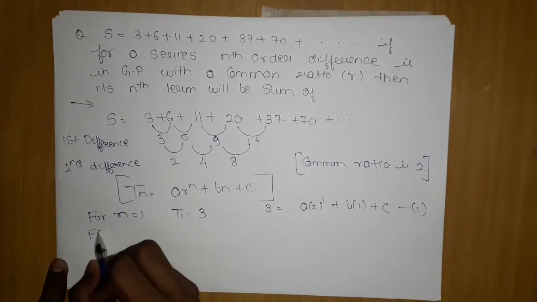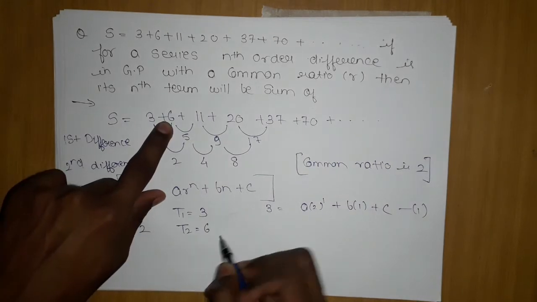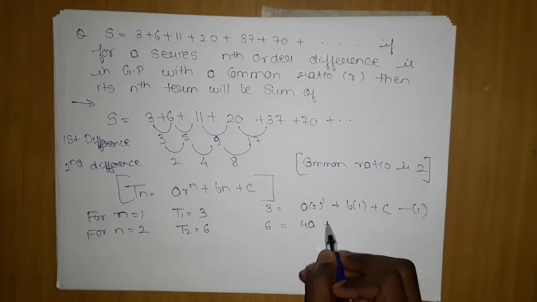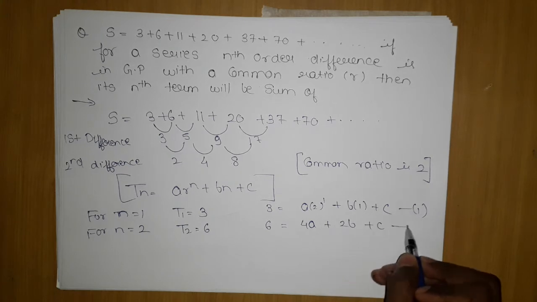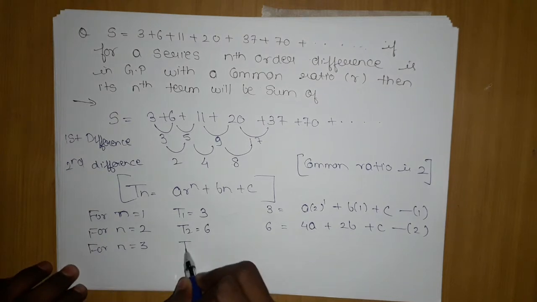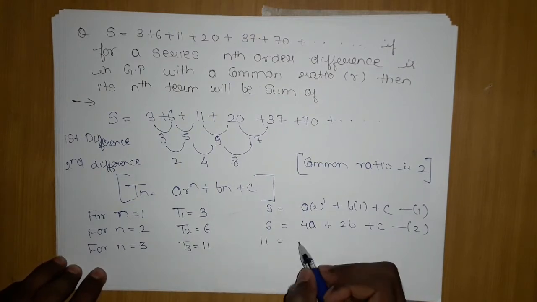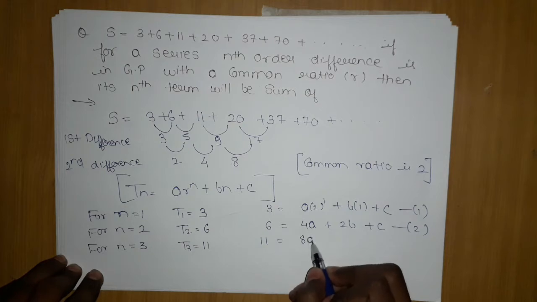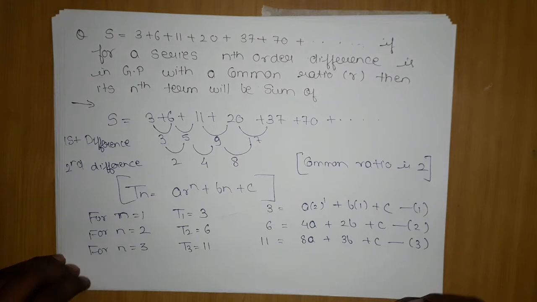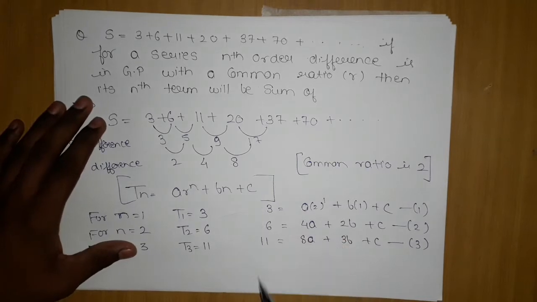Similarly, for n equals 2, T2 is 6, so 6 = 4A + 2B + C. For n equals 3, T3 is 11, so 11 = 8A + 3B + C. This is the series of equations we are getting.